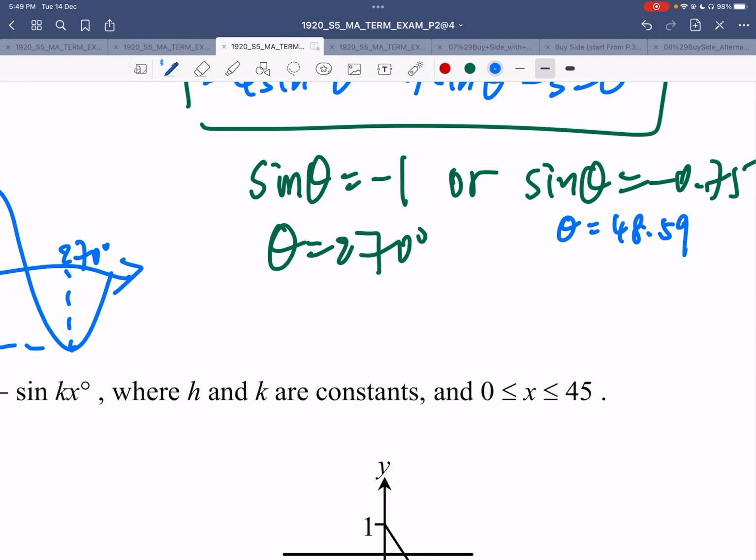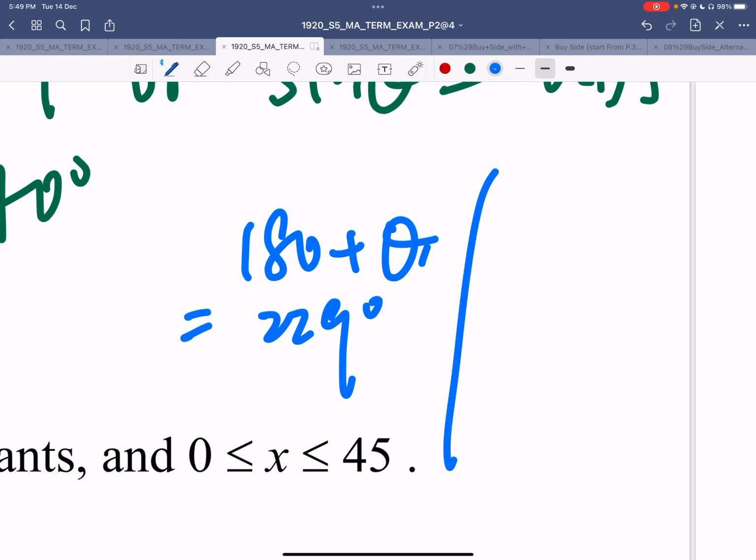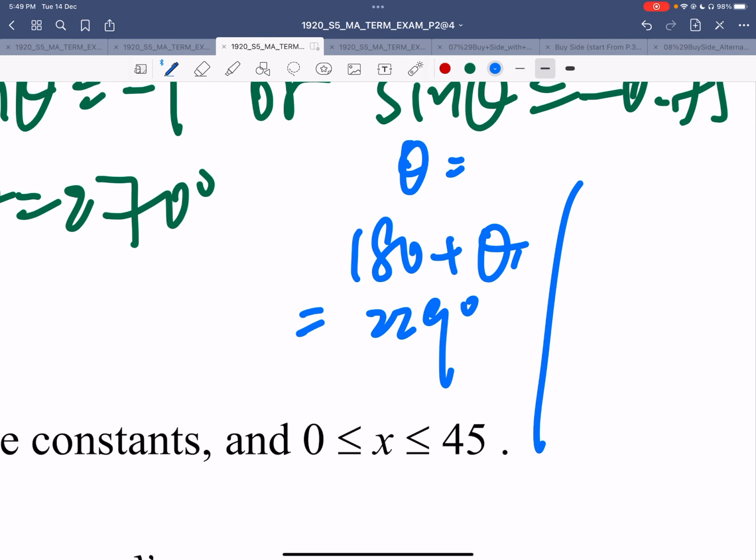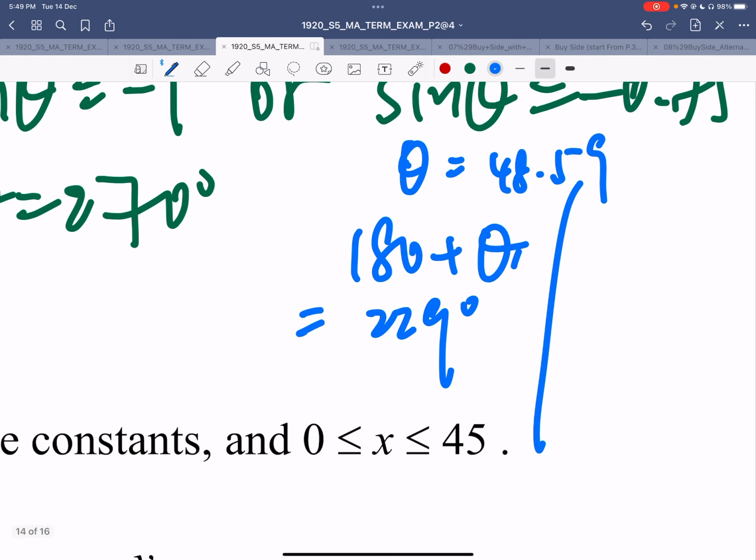But because this time it is negative, it should be 180 plus theta, which equals 229, or it should be 360 minus theta, which should be equal to 211, okay?